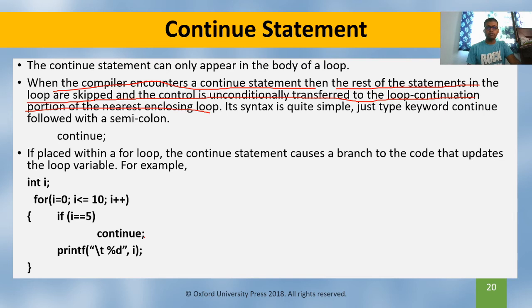So the rest of the statements in the loop are skipped. That means after this continue, this statement will be skipped and it will go to i plus plus, and after that it will check whether i is less than or equal to 10.